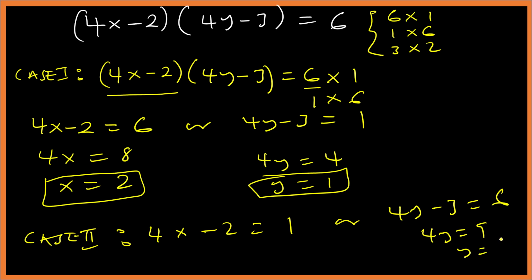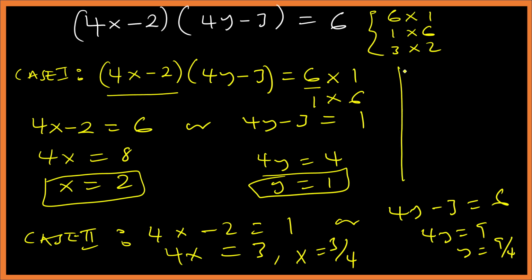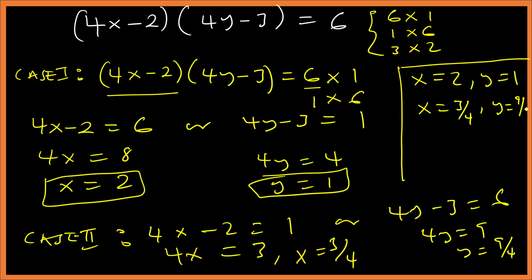Y is 9 on 4. And this side is 4x equals to 3. Okay. So x is 3 on 4. So with the case 1, we have x equals to 2, y equals to 1. Case 2, x equals to 3 on 4, y equals to 9 on 4.